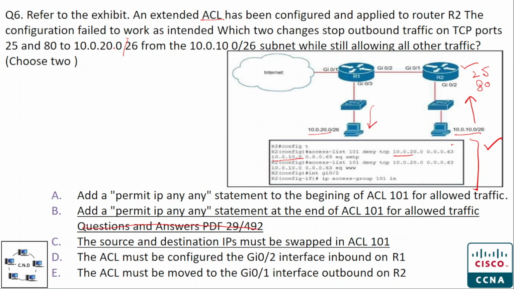It will deny or stop the traffic to the SMTP port, that is port 25, and to www, that is port 80. And once we block traffic to these two ports, we will add this statement so that other traffic from this source to this destination is allowed.